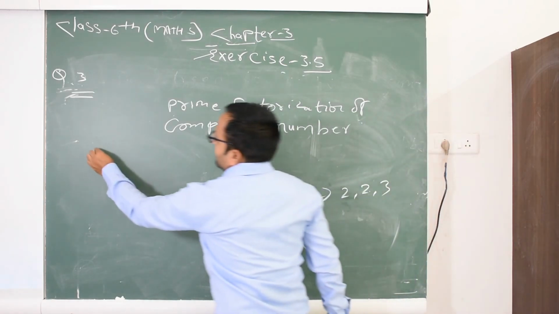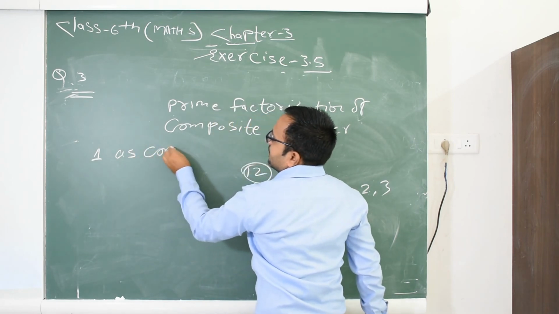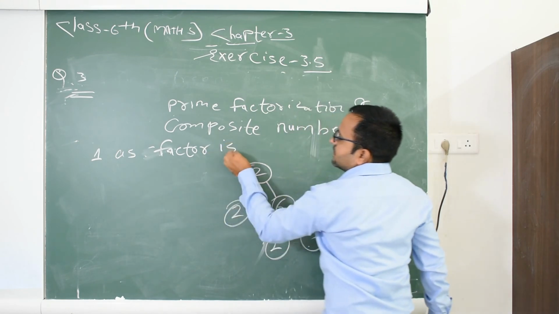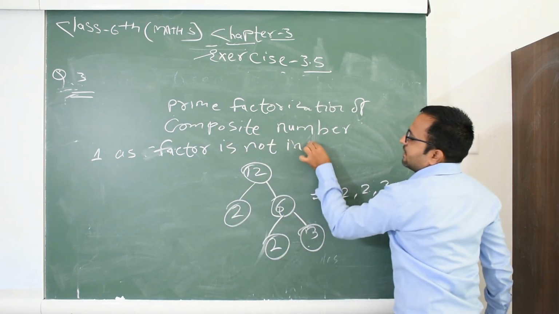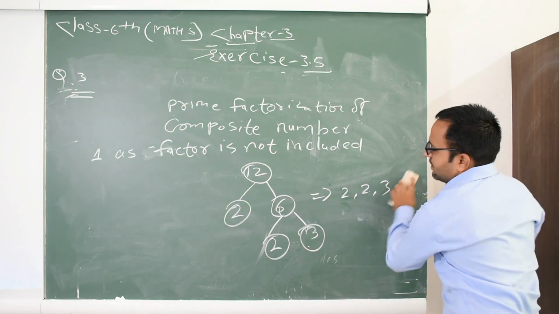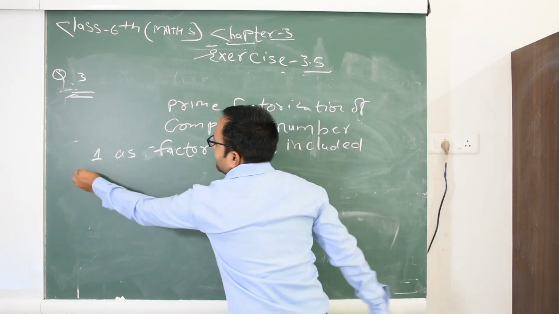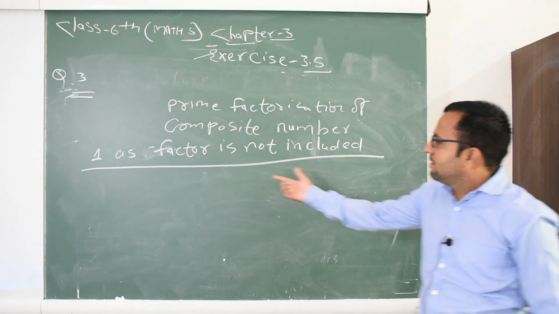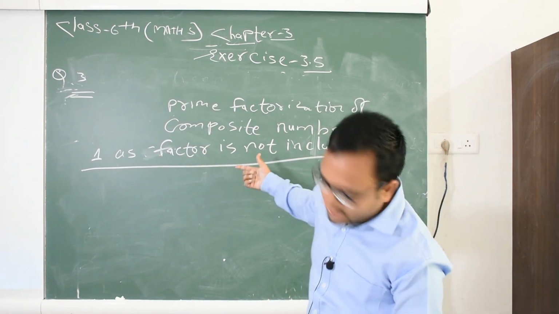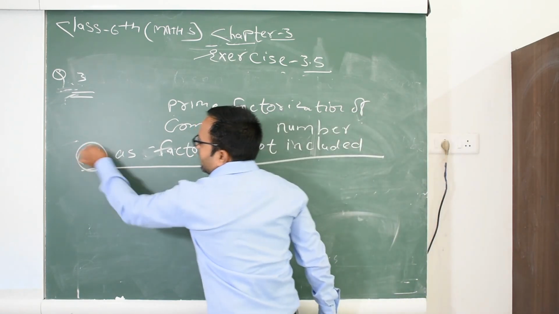So your answer is that 1 as a factor is not included in the prime factorization of a composite number. So your answer will be 1.